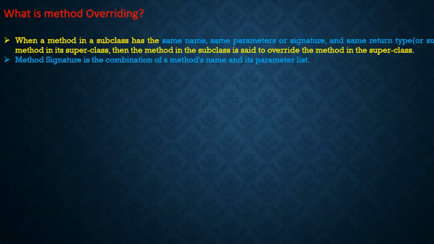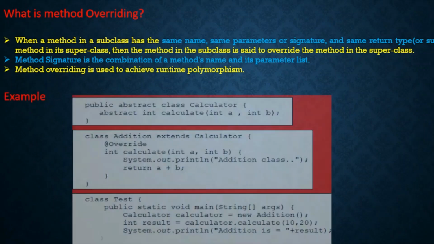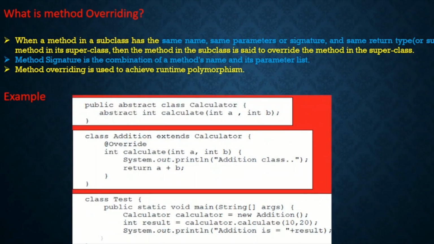Okay, fine. I have already told you that to achieve runtime polymorphism, we can think of overriding. Through overriding we can achieve runtime polymorphism. I'll tell you with an example.